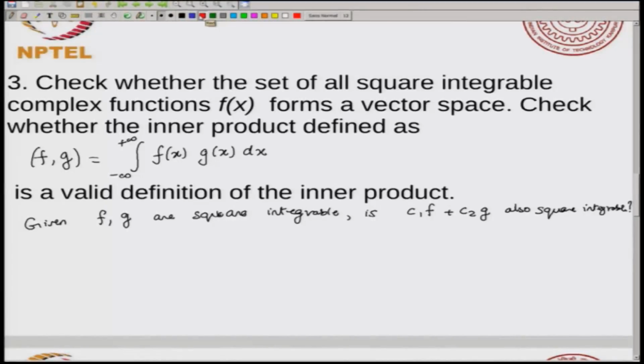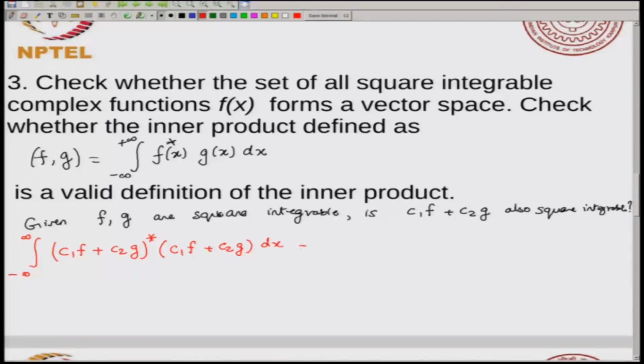So how do you check this? You calculate C1f plus C2g, take a complex conjugate, and then you take C1f plus C2g and do this integral dx from minus infinity to infinity, and you have to check whether this is less than infinity.